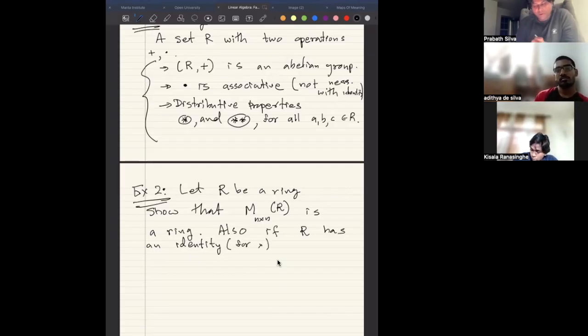When you mention that a ring has identity, it is because we know that the addition always has identity, right? So if R has an identity, then this one also has an identity.